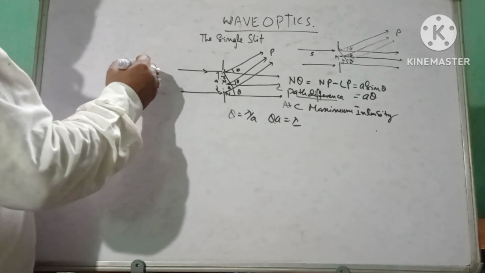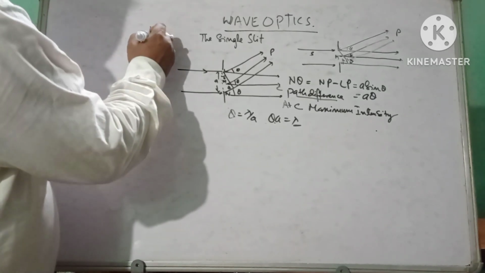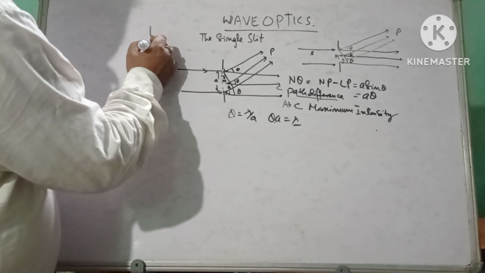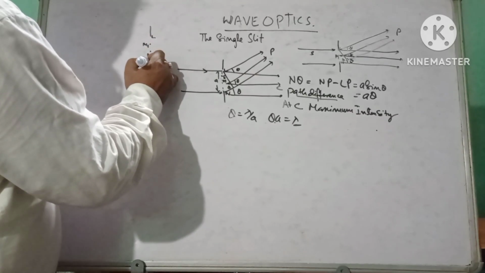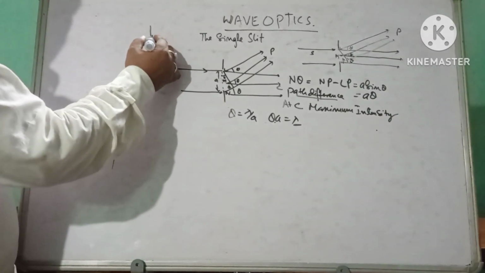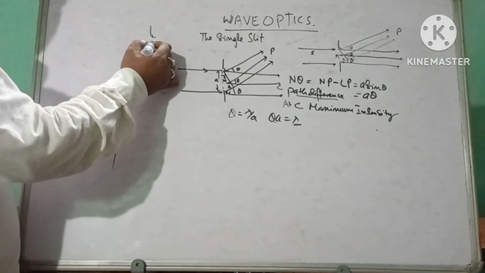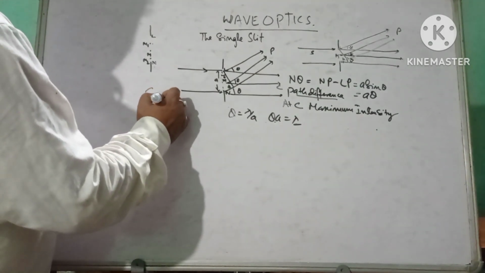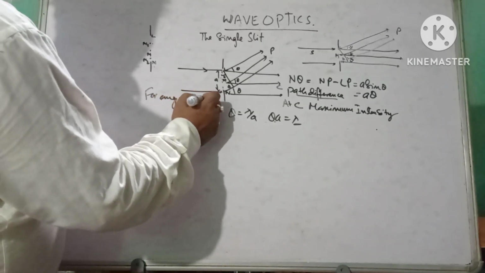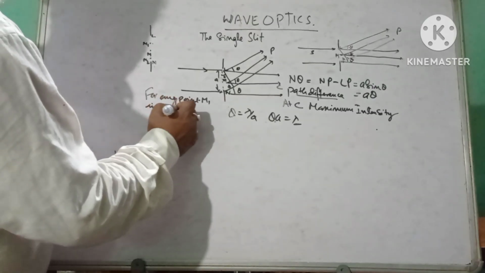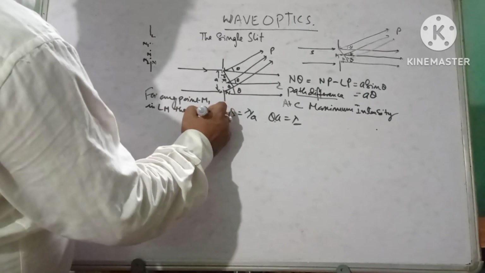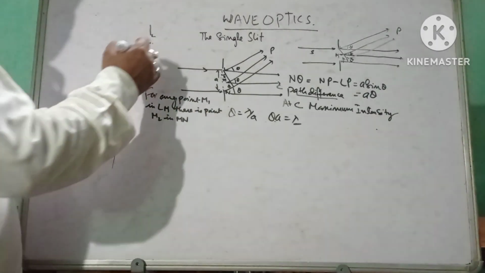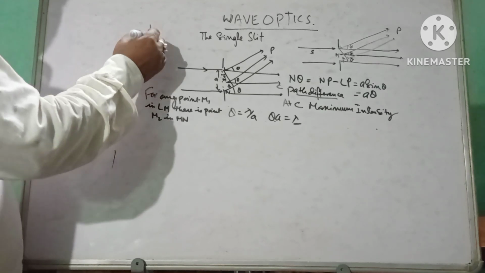Here we have L, M, N. If you take M1 and M2, it means this slit has been divided into two parts, LM and MN, and for any point M1 in LM there is a point M2 in MN, midway between the two.